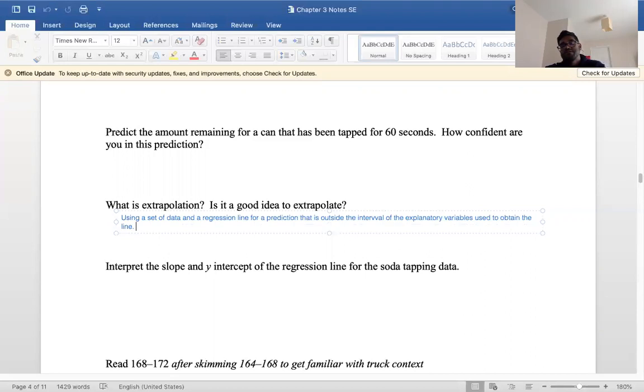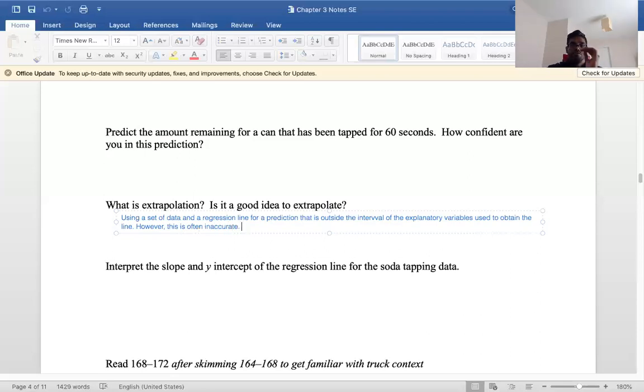So for example, let's say you're looking at height and weight of high school students, right? And so your interval goes from like 50 inches to 65 inches or whatever it is. As soon as you start going below 50 and above 65, you start the extrapolation process. You're outside the range of our data. However, this is often inaccurate.